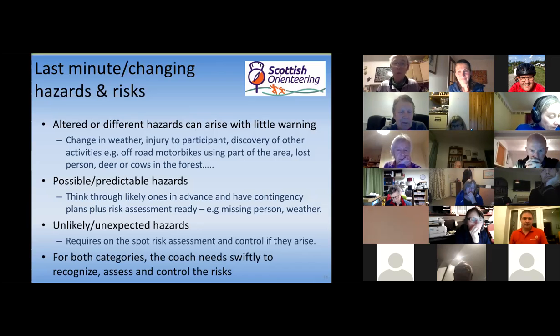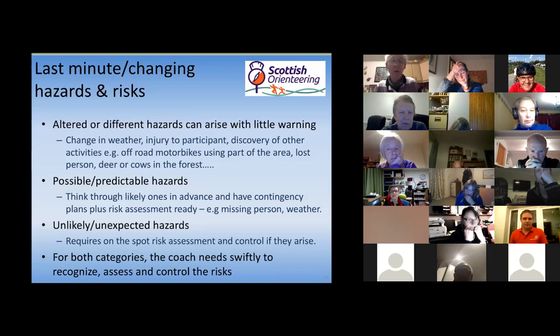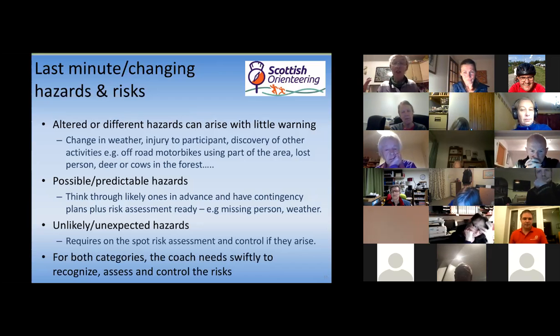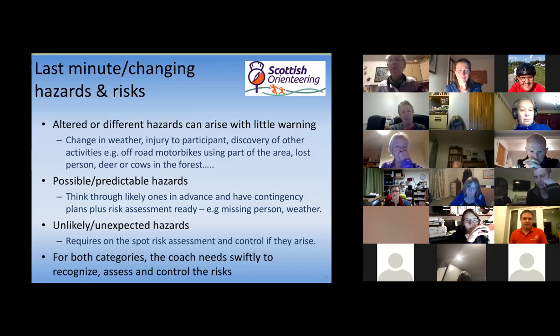When I was being trained on my coaching training, we were doing some exercises and some off-road motorcyclists turned up to use part of the area. So the hazards changed. It's not realistic and probably confusing if you tried to put all of these into your initial risk assessment, because they've got to be credible situations.